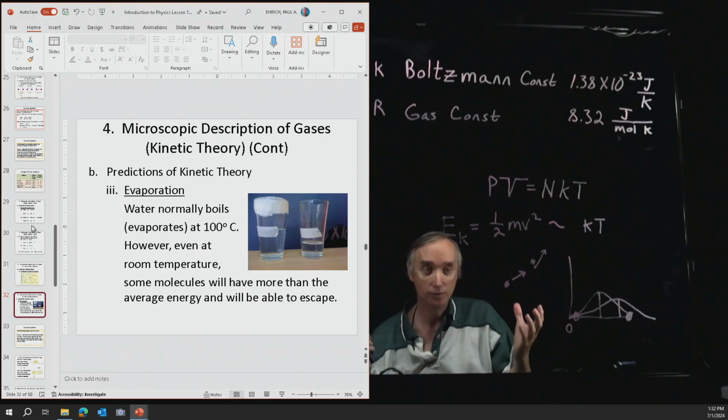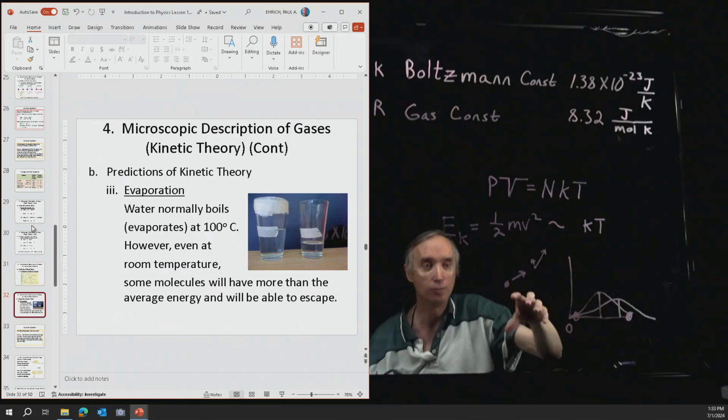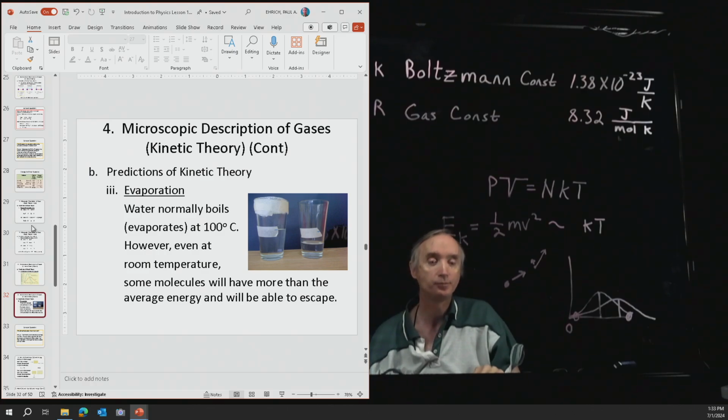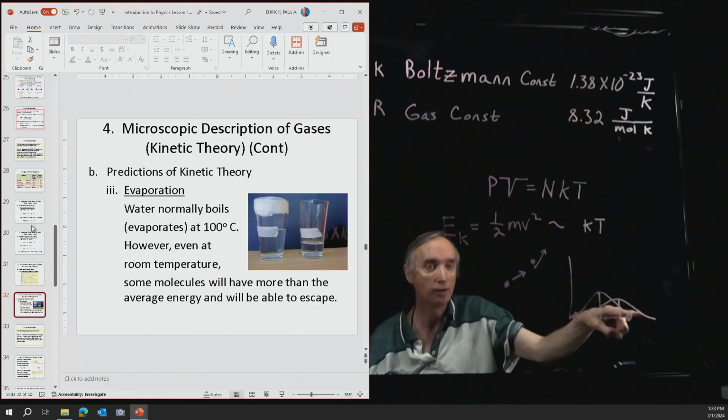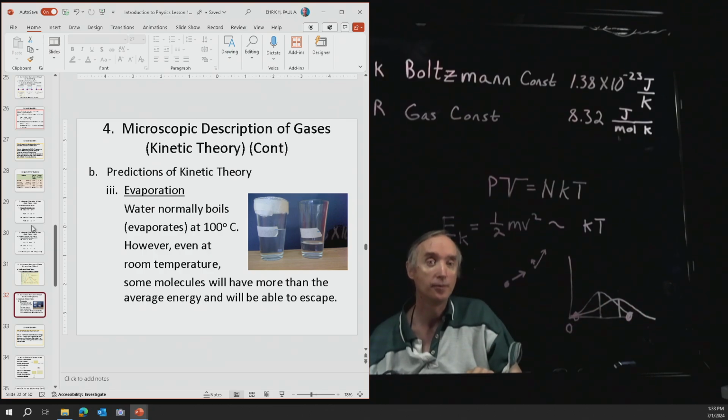And they leave the water, so therefore there's less water left over. So it has just evaporated. And given enough time, those water molecules will basically be able to jump up out of the water, and that water is going to evaporate. Now, if you increase the temperature, then there are going to be more molecules that are moving faster, so that makes it easier for the water to evaporate.